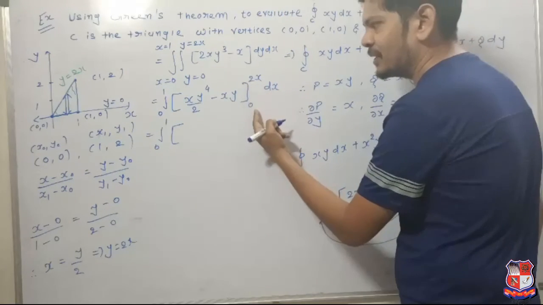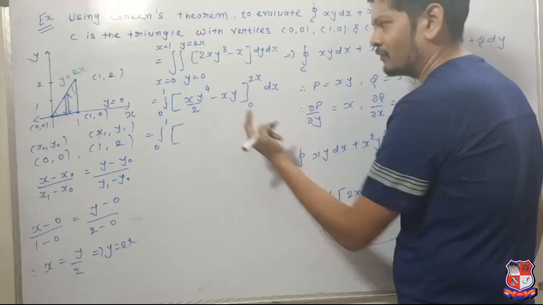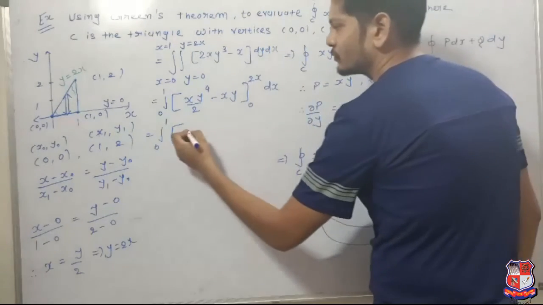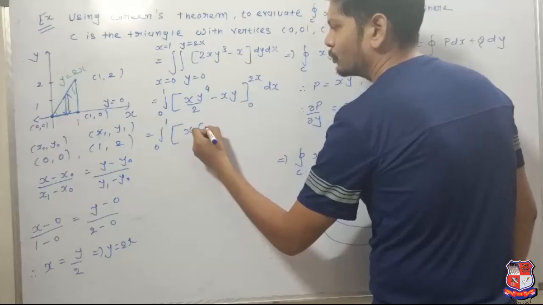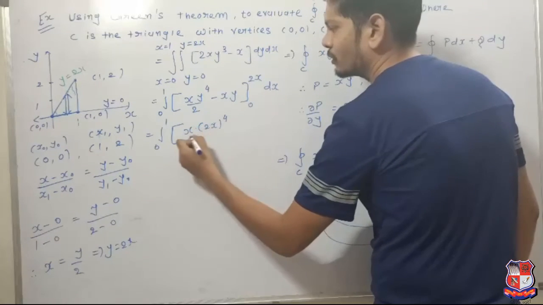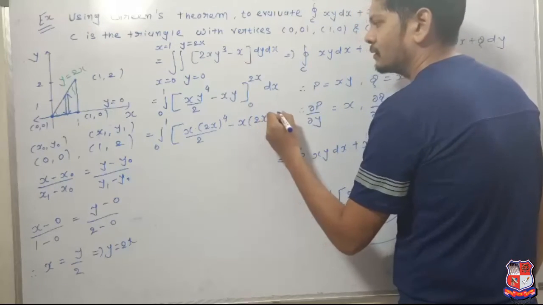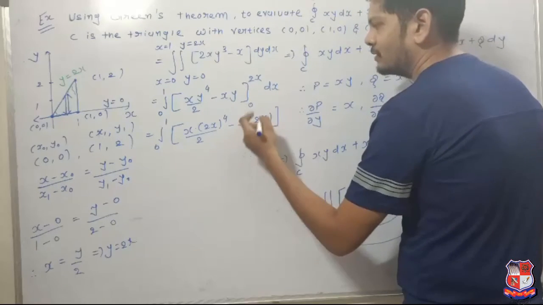Replace these limits with y, because integration is done with respect to y. So x into 2x raised to 4 by 2 minus x into 2x, and then replace with 0.